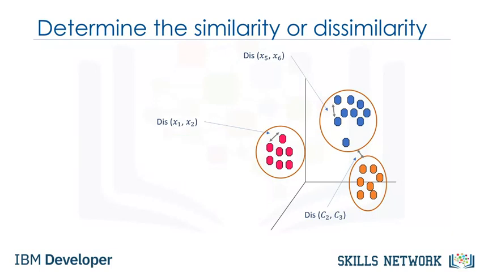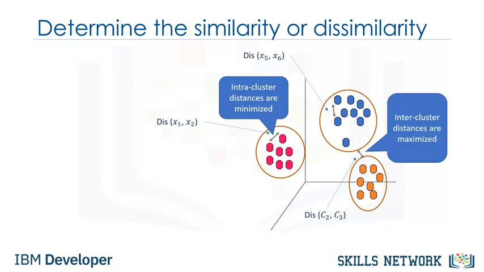In other words, conventionally, the distance of samples from each other is used to shape the clusters. So, we can say k-means tries to minimize the intra-cluster distances and maximize the inter-cluster distances.